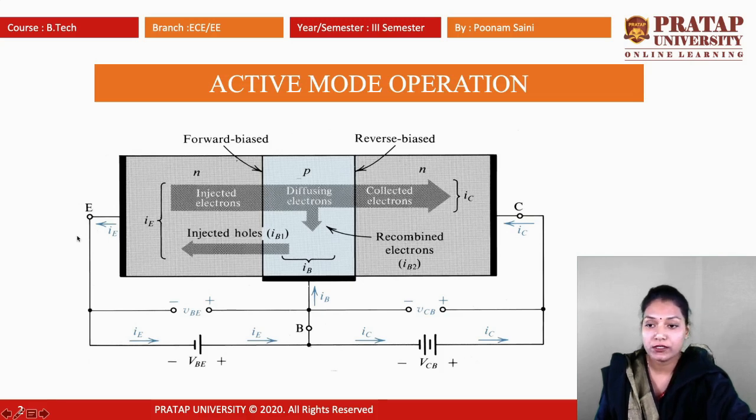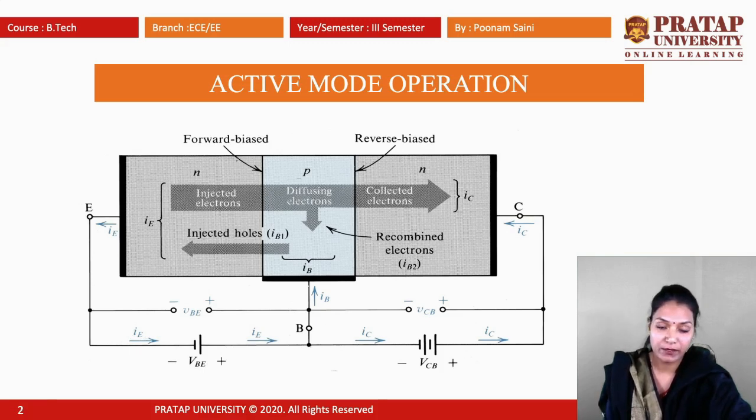This is IE, the emitter current, this is IC, the collector current, and this is IB, the base current. VBE is the voltage across the base and the emitter, and VCB is the voltage across the collector and the base.